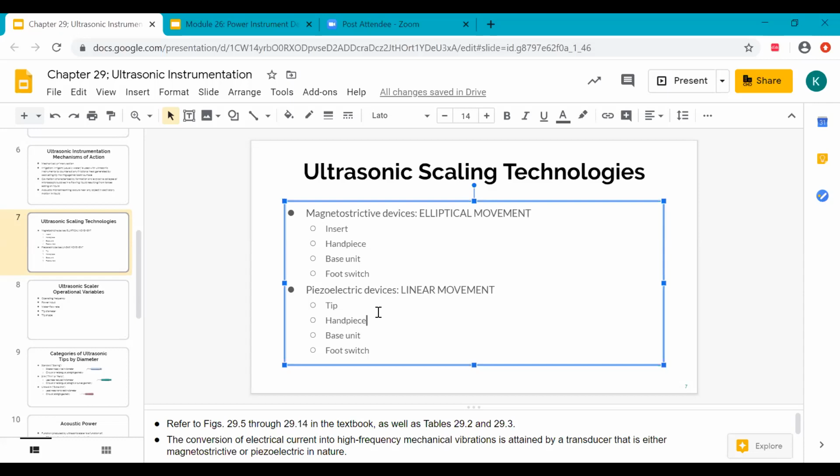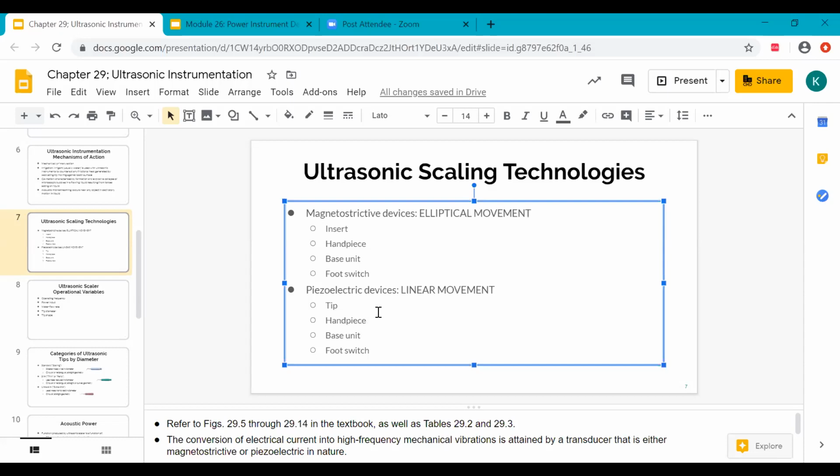Now, what's interesting is that most offices on a grand scale, which is why we have so many Cavitrons at the clinic, most commonly use magnetostrictive devices, because that's what everybody already uses.